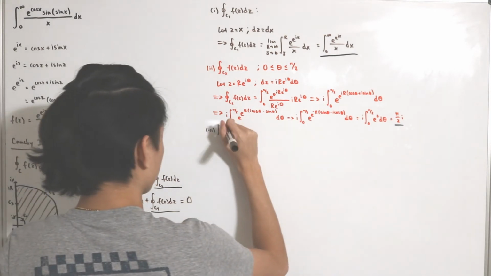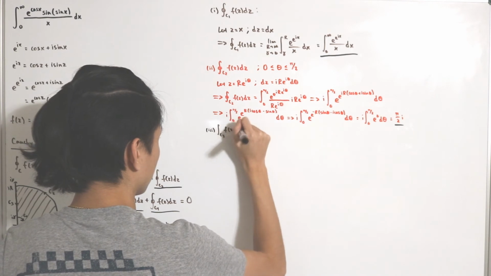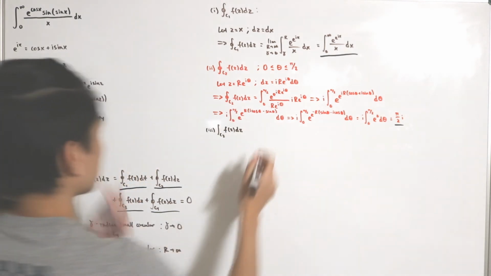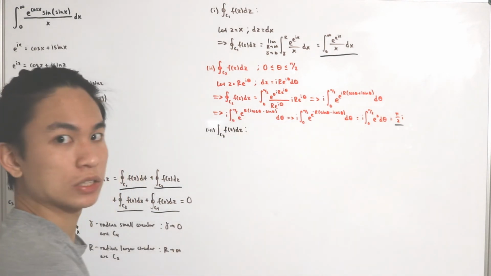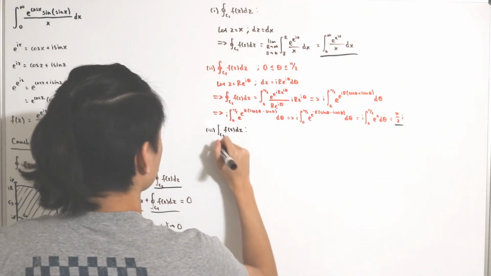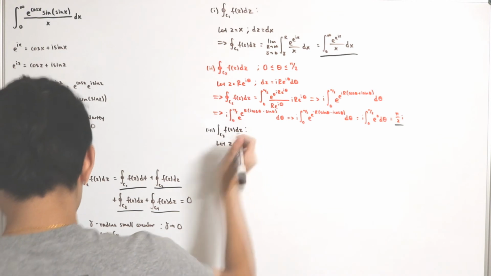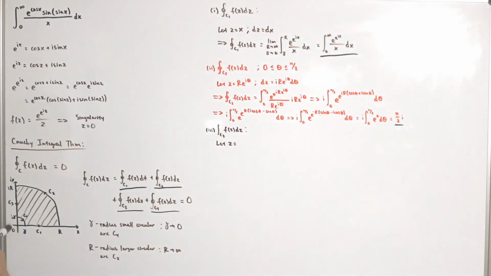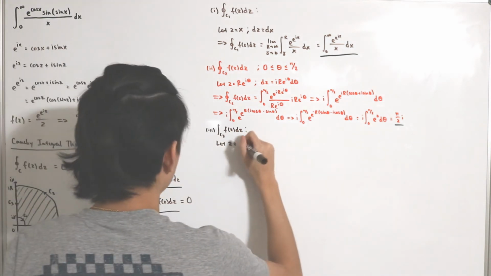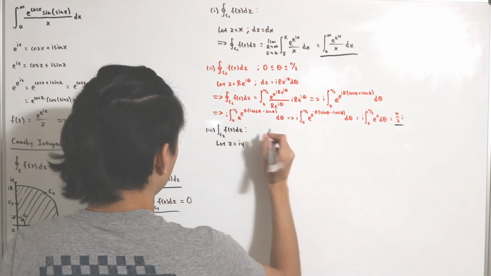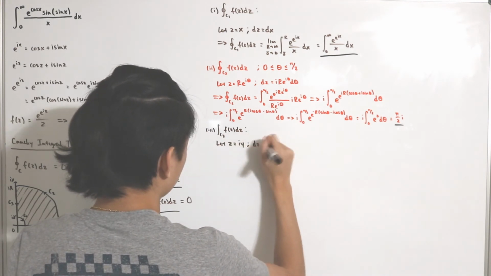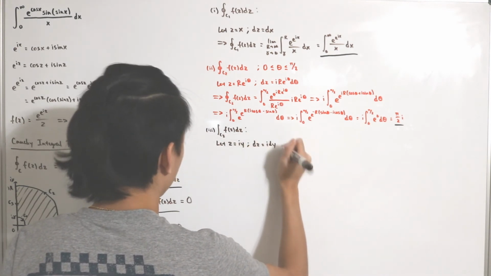So let z equal iy, since it's going down the imaginary line. Then dz is equal to i times dy.